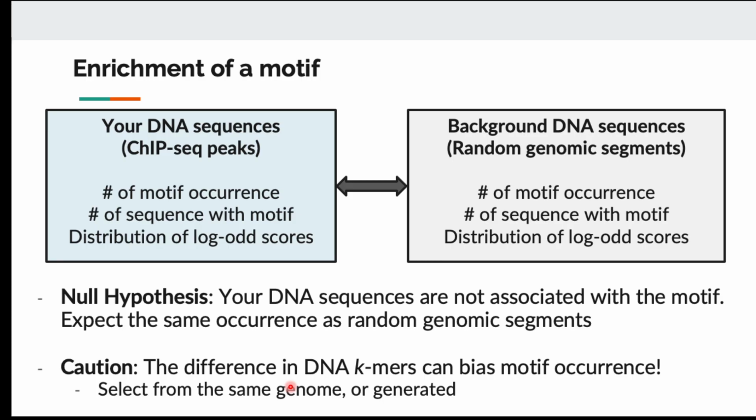So when generating random genomic segments, sometimes you might have to reject some of them if the GC content is too different from your ChIP-seq data. Or some tools might generate random DNA, not sampling from the genome, but generating a random piece of DNA by trying to mimic your data as much as possible. And we will see some of these ideas later in other modules as well.